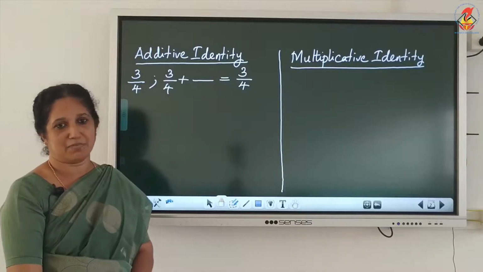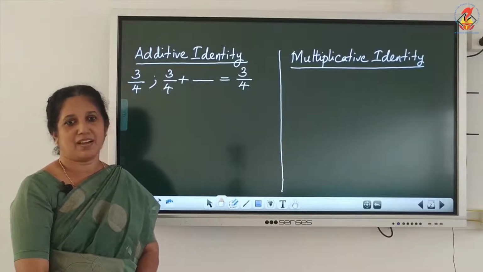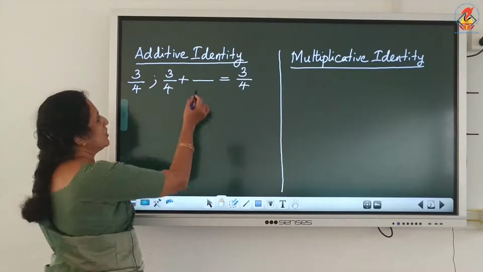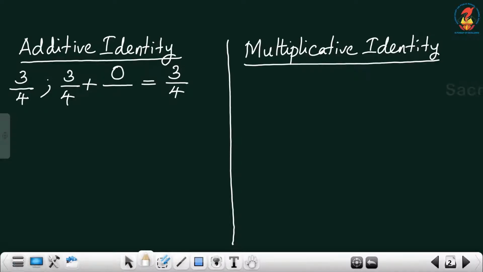Which is the rational number? Now you know that. Which one? 0. So we can write here as 0. So 3 by 4 plus 0 is equal to 3 by 4.